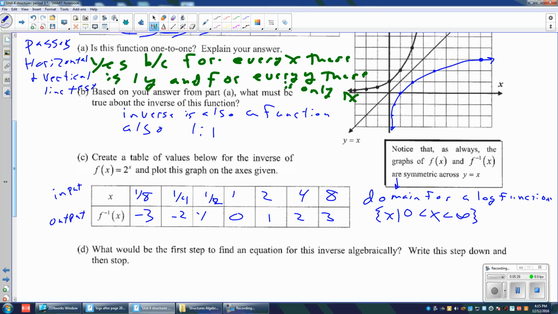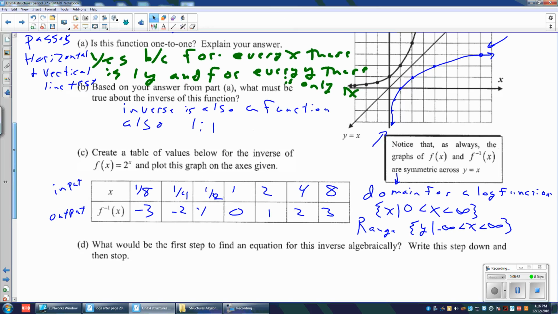It has a vertical asymptote right there at x equaling 0. The range is all y values from negative infinity to positive infinity. You're like, hey, it doesn't look like it's going out to positive infinity. Well, it does, very slowly, like a sloth.